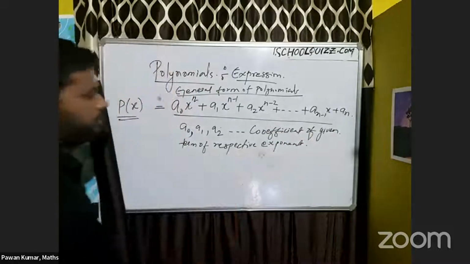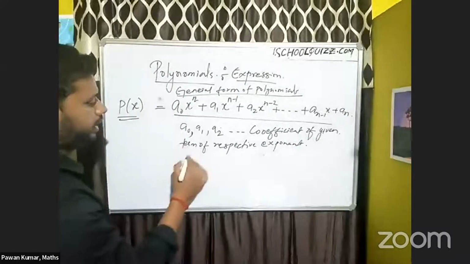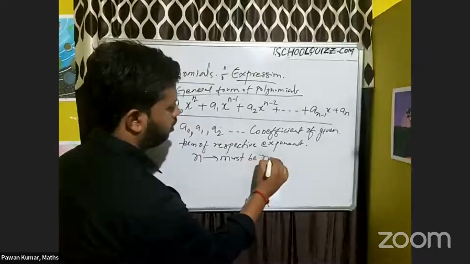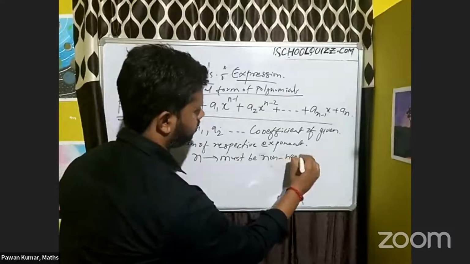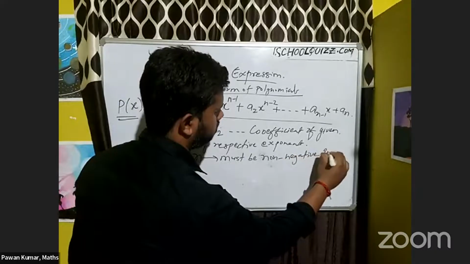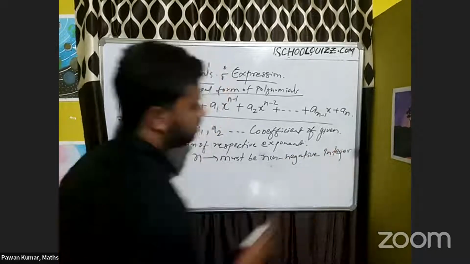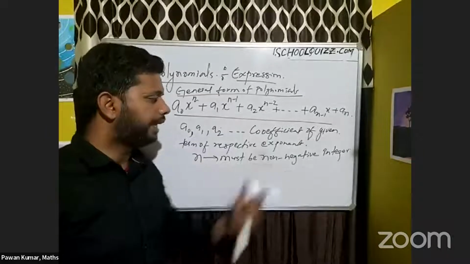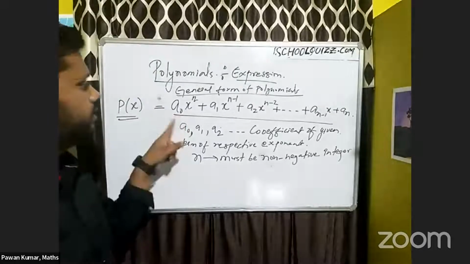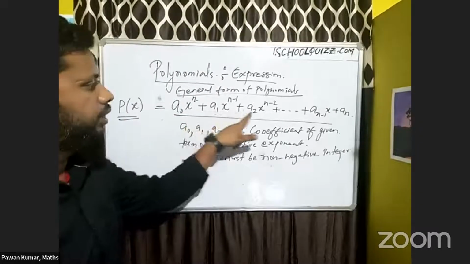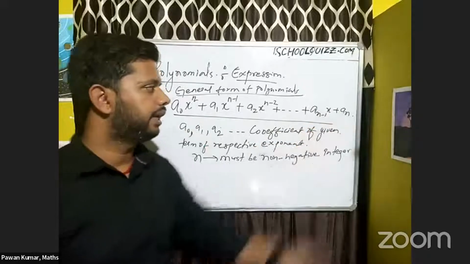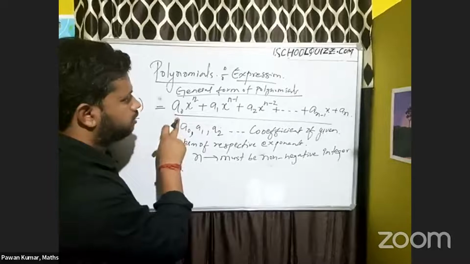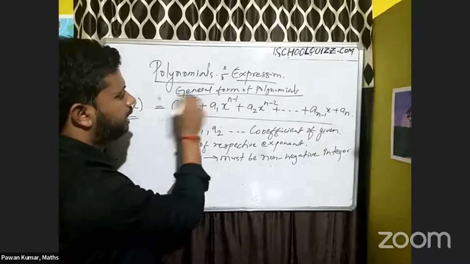And n must be a non-negative integer. So this is actually the definition of polynomials. I have mentioned a naught, a1, a2, like that up to a n minus 1, a n. Why am I writing a naught first? Because it is the first term, where x to the power n is the highest component.